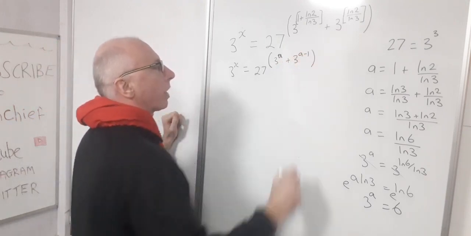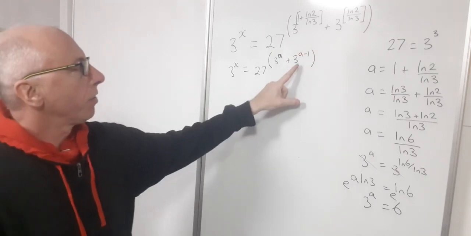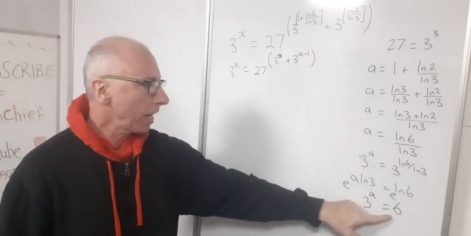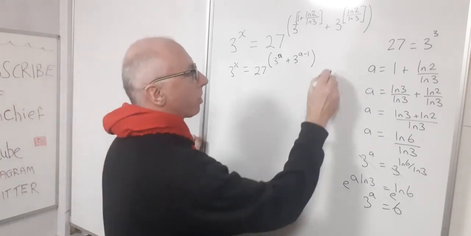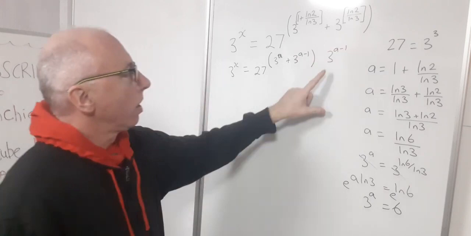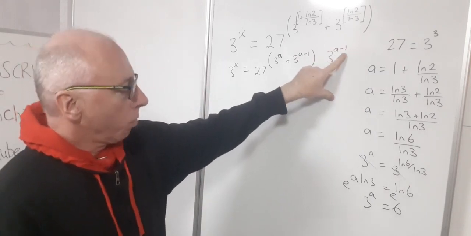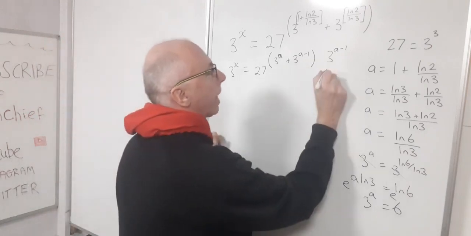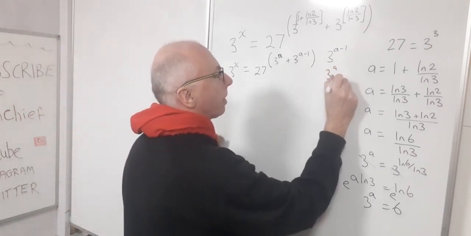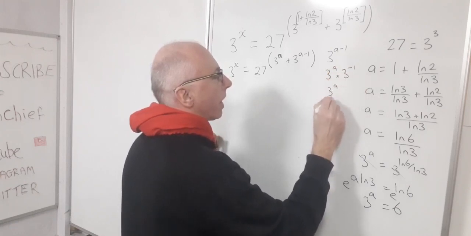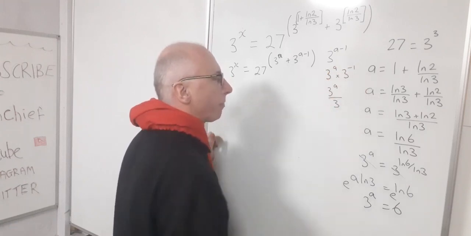Okay. Now 3 to the a minus 1, well, we could do something with that. If 3 to the a equals 6, let's just write this one here, 3 to the a minus 1. Well, if a minus 1 is in my power there, I could just write that as 3 to the a times 3 to the minus 1, which is the same as 3 to the a over 3.